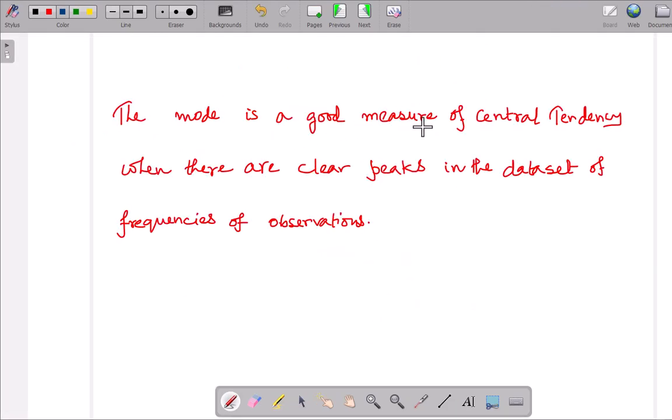The mode is a good measure of central tendency when there are clear peaks. That means there exists a large frequency of a particular element or particular class interval compared to other elements or other class intervals.